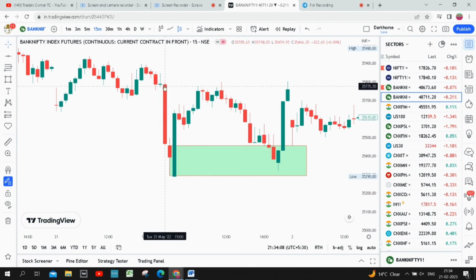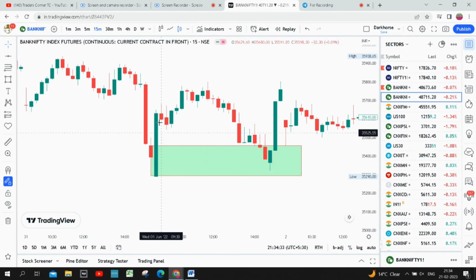So here in this case, there's a red candle, a doji candle and followed by a big green candle. But I will not consider this zone as a buying area because this green candle did not close above the red candle. So this is a weaker buying setup. Even though it is a reversal area, I will not take a risk at this point.